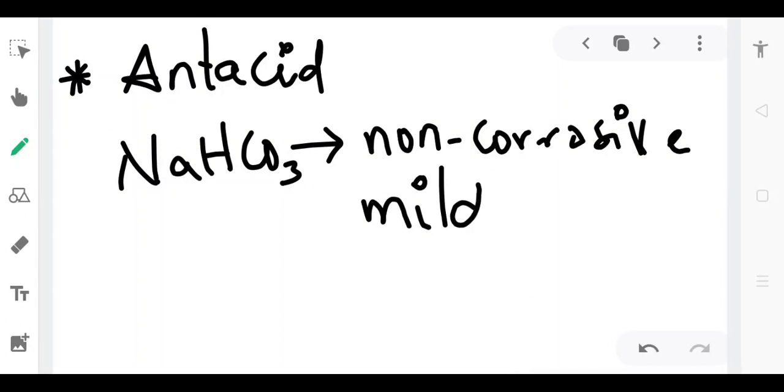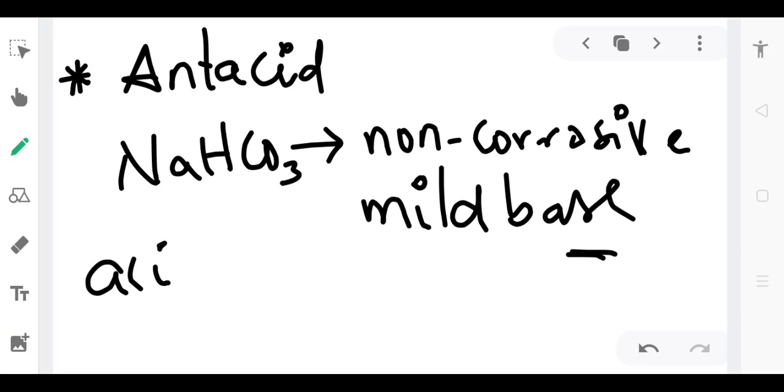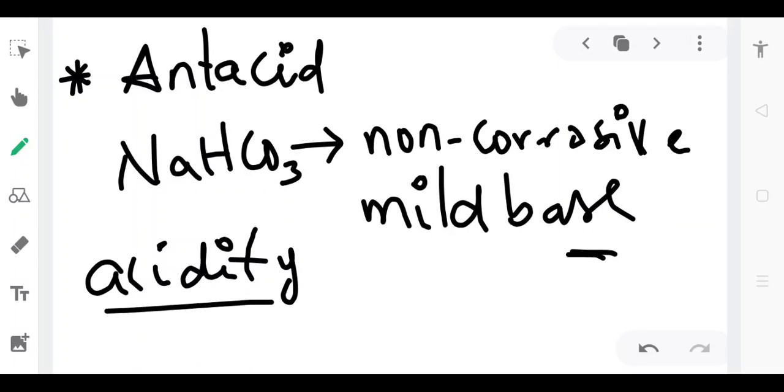Since it acts as a mild base, if somebody is suffering from acidity, we can use baking soda as the antacid.